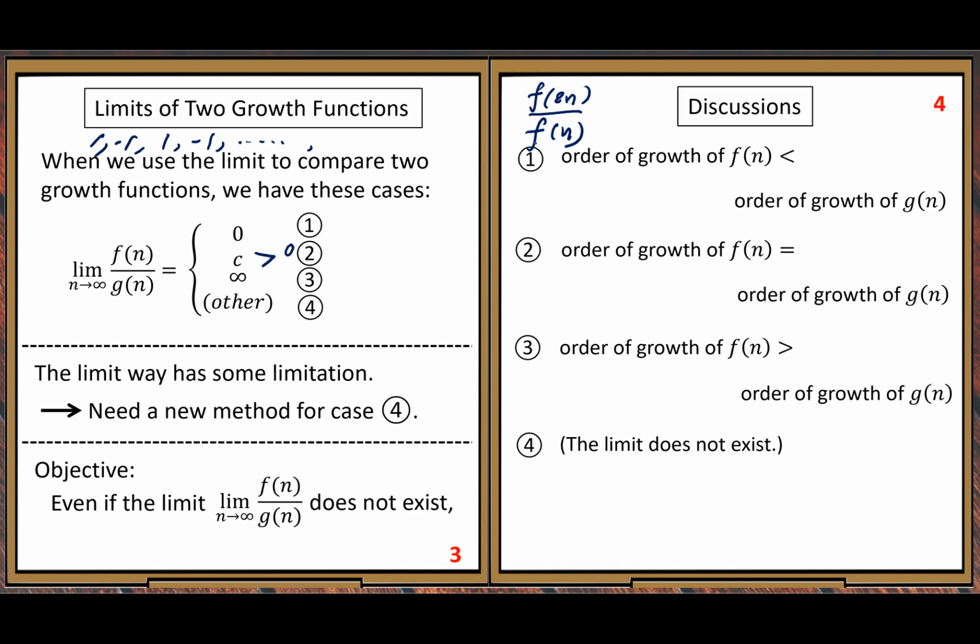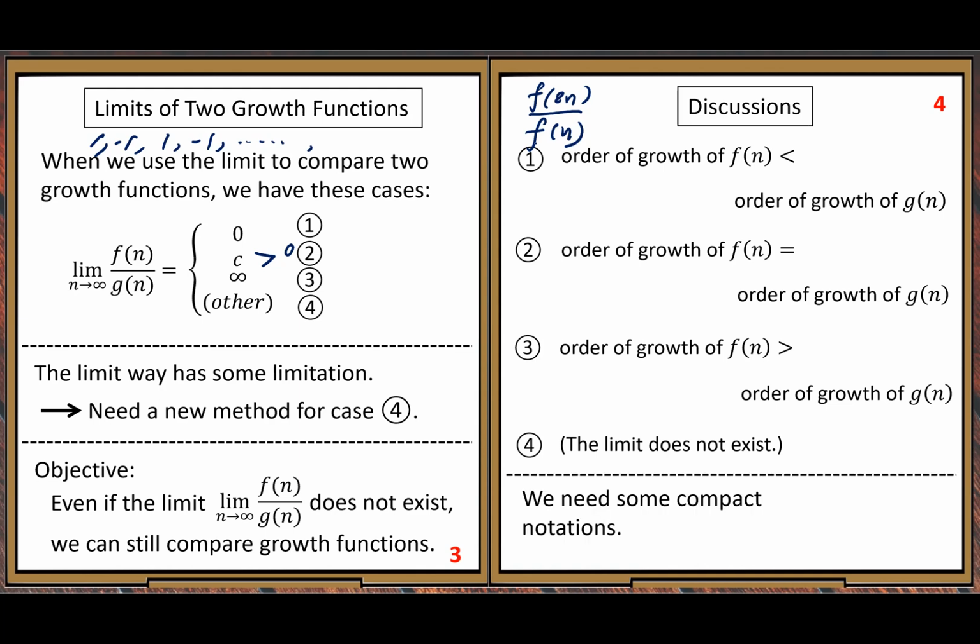Here, we need a special method to help us still find the answer about the comparison result of their order of growth. So that's the goal, that's what we are going to do. Later we will have that method. So let's put it on hold a little bit. We will answer this question later at some time.